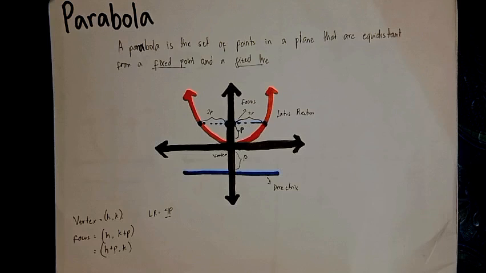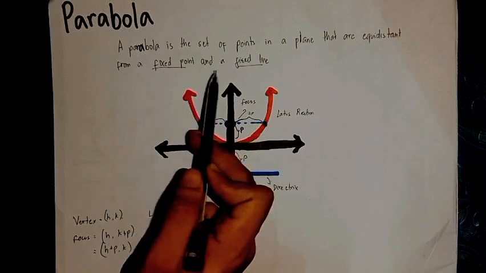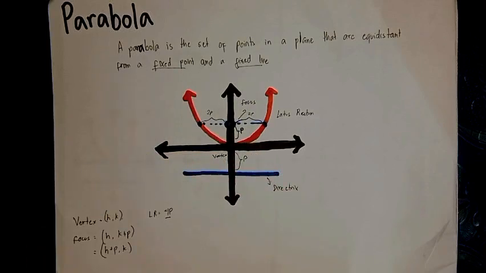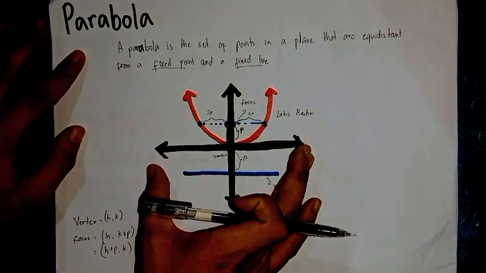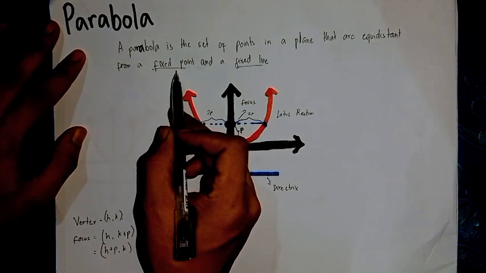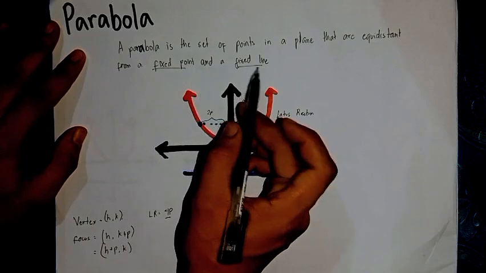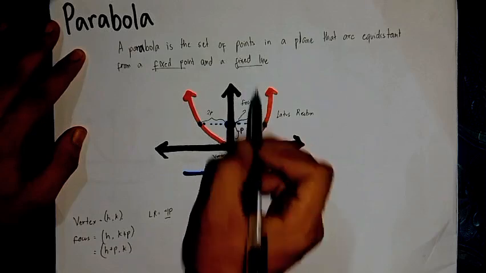Now let's proceed to the third conic section. That is what we call the parabola. The parabola is the set of points in a plane that are equidistant from a fixed point and a fixed line. Now let's look at this figure. Based on the definition of parabola, the fixed point is our focus and the fixed line is our directrix.